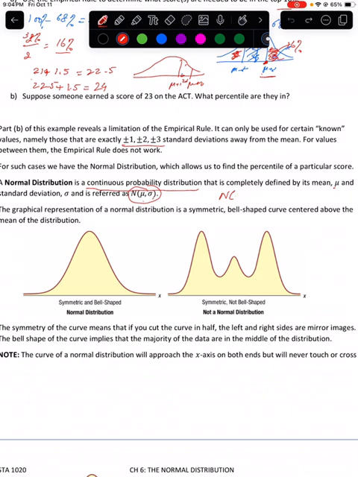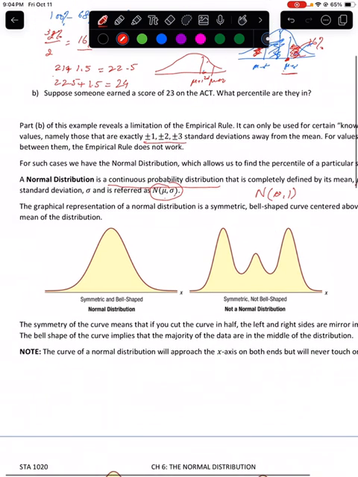In the same way, if you see N(0, 1), that is a normal distribution with mean 0 and standard deviation equal to 1.